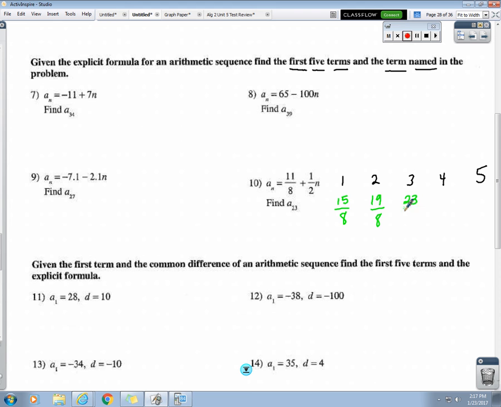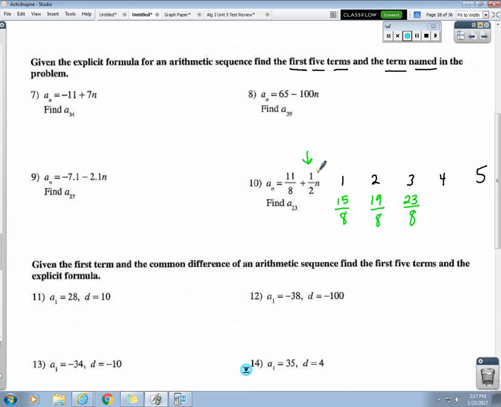And then after you've done a few, you'll start to see a pattern. What pattern do you notice? Well, not completely going up by 4, because the numerators are going up by 4, but the denominators are staying 8, correct? So it's actually going up by 1/2.